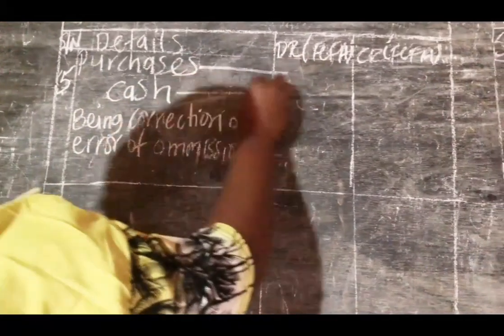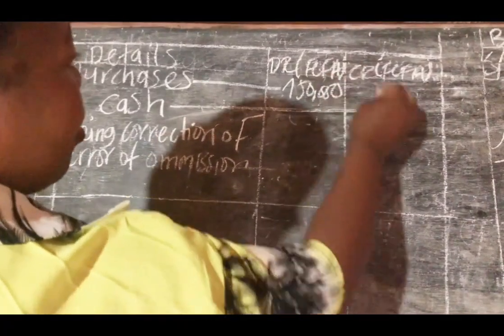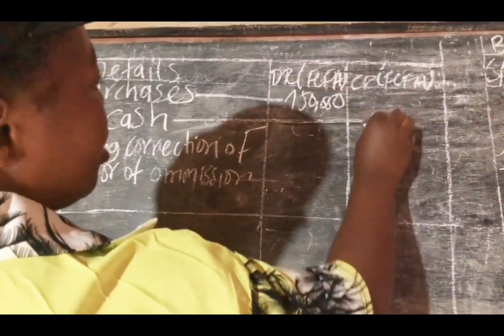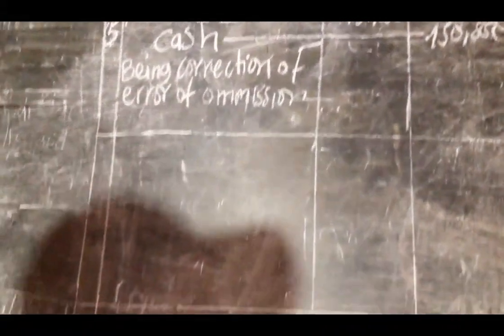Amount 150,000. 150,000. So we move to the next transaction.